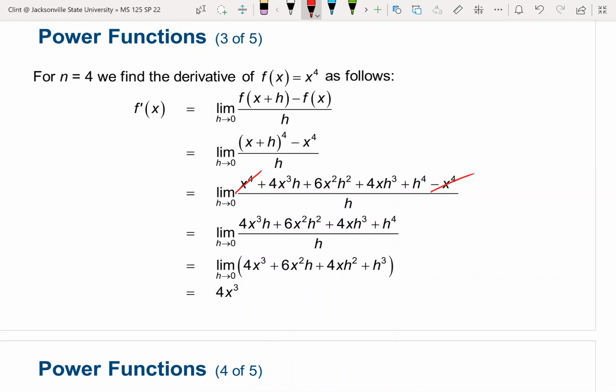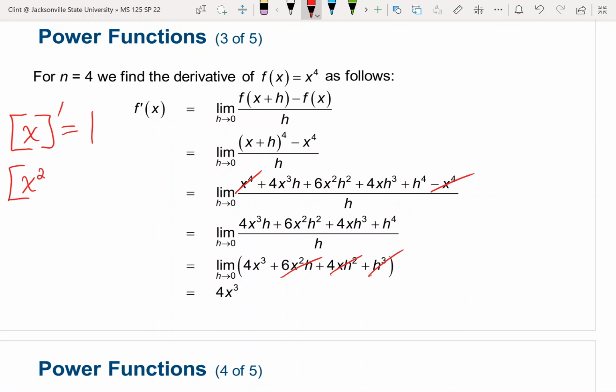So when we do that, that term goes away, that term goes away, that term goes away. We just get 4x to the third. So here's what we've developed so far. Okay. Derivative of x, 1.